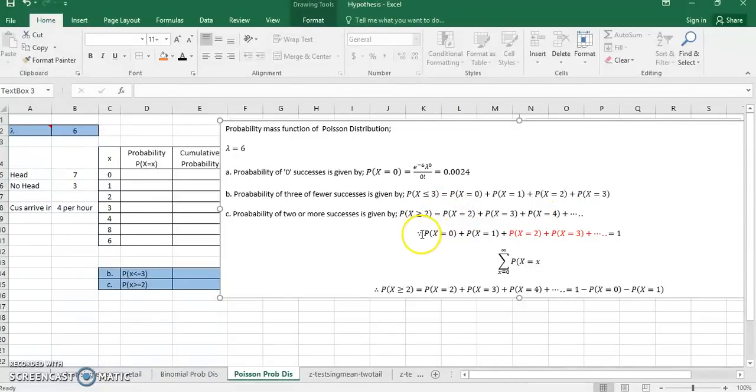So I'll use this fundamental probability that the sum of probabilities becomes equal to 1. That means the probability of x is equal to 0 plus x is equal to 1, 2, 3 and so on up to infinity will become equal to 1. If there are an infinite number of cases, that means I'm not able to identify how many total possible values the random variable can take, then of course I need to take x tending to infinity. But if it is finite, then capital N I can put.